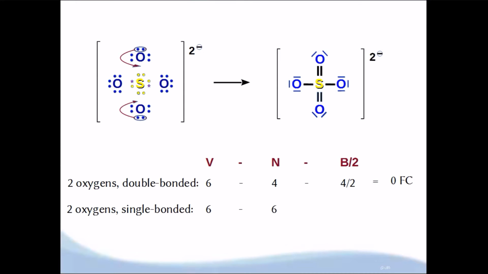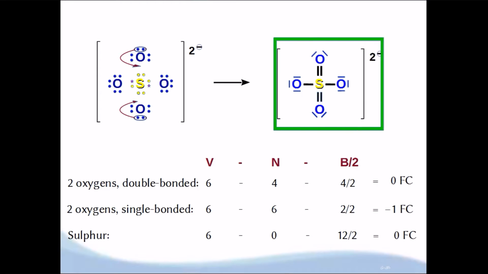For the single bonded, we obtain a -1, which is okay since they bear a negative charge. For sulfur, we obtain equally a 0. We can't probably get closer to the requirements for formal charge counting, so we can trust that this structure, not considering resonance, is correct. My last example is chlorous acid.